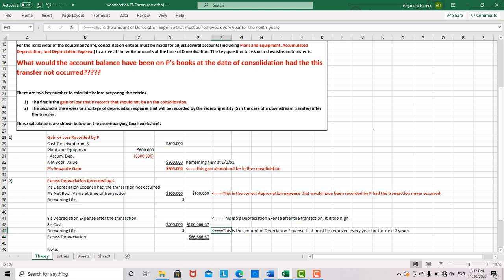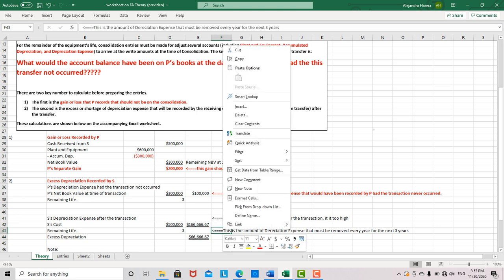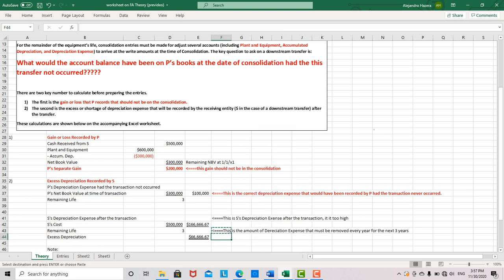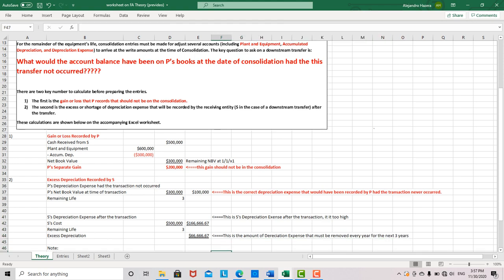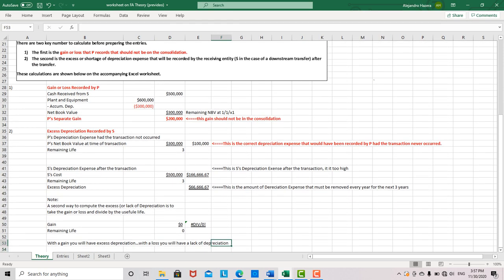Okay, and so what you're going to have to do every year for the next 3 years is this: the amount, $66,000, is the amount of depreciation expense that must be removed from the consolidation every year for the next 3 years. So it's $67,000 more or less.